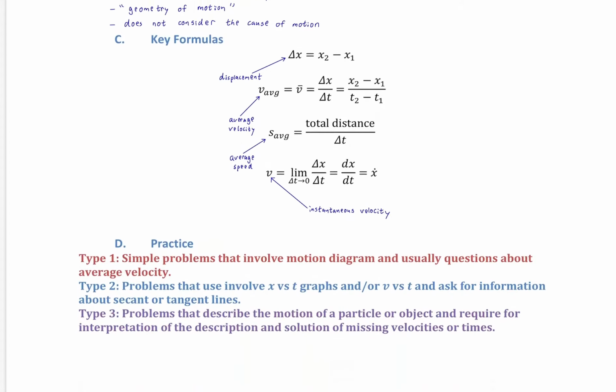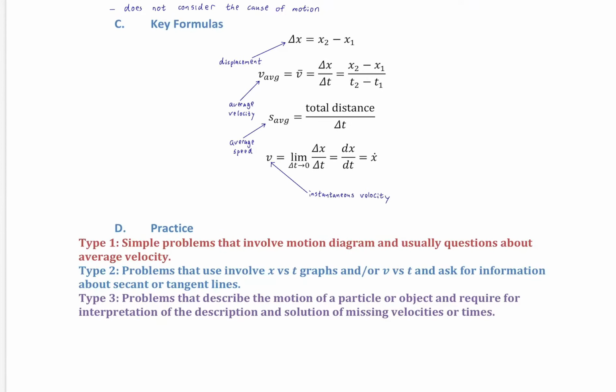All right, so we have some practice problems. They're all fairly simple, okay? Type 1 are simple problems that involve motion diagrams and usually questions about average velocity. Type 2 are problems that involve x versus time graphs and or v versus time graphs and ask for information about secant or tangent lines. So they're graphical problems.